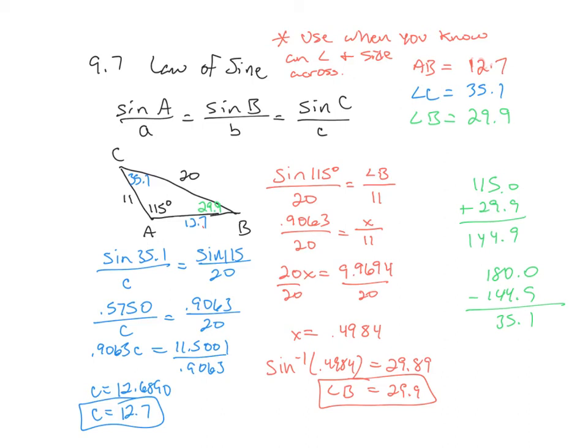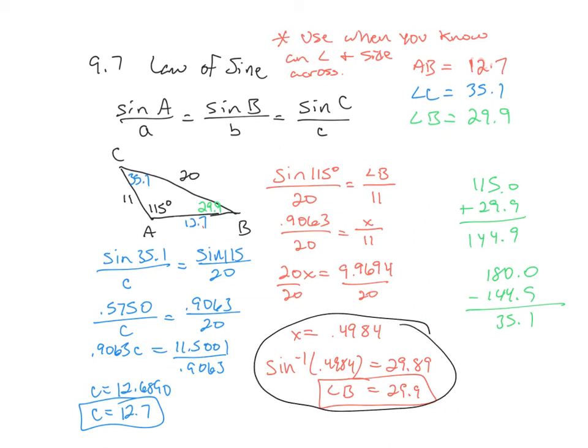So 20 goes with 115, 12.7 goes with 35.1, that's the next smallest side and angle, and then 29.9 and 11 are the next smallest side and angle. So that's a way to just check. That'll prevent a huge error from occurring. It's not going to prevent a small inverse, like we did down here at the end.